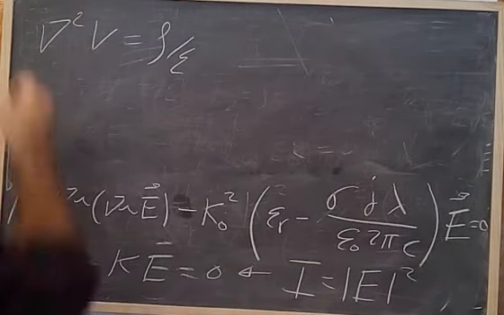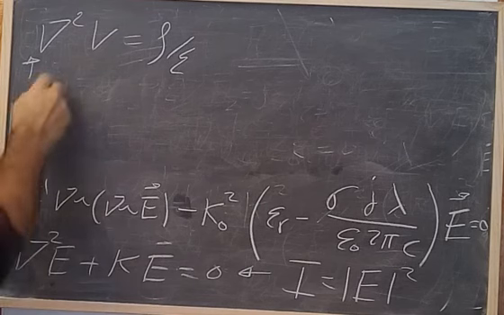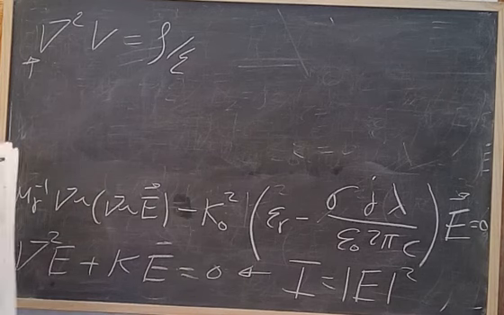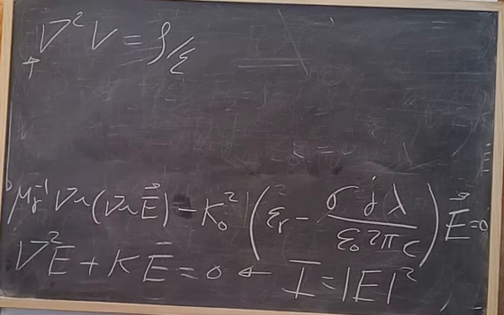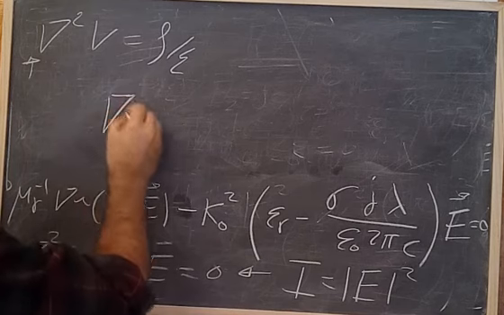I solved this equation only one time. This equation is solved when there is no laser, when the system is in the dark, and we have a steady state of charge distribution. Of course, the equilibrium of charge is given, in my case, by this simple calculation.